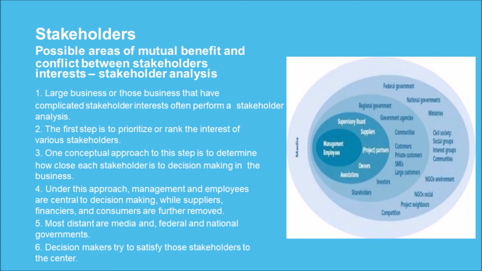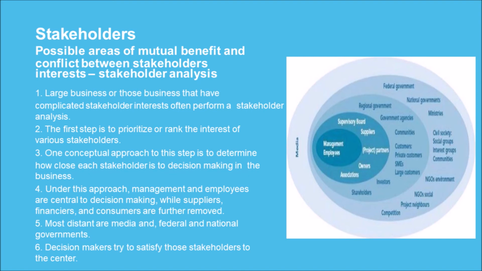One conceptual approach to this step is to determine how close each stakeholder is to decision-making in the business. 4. Under this approach, management and employees are central to decision-making, while suppliers, financiers, and consumers are further removed. 5. Most distant are media and federal and national governments.